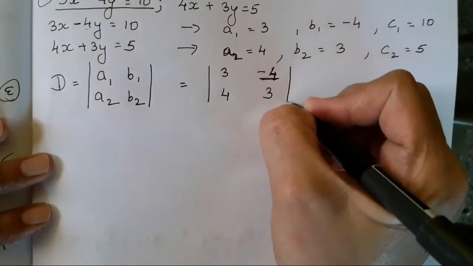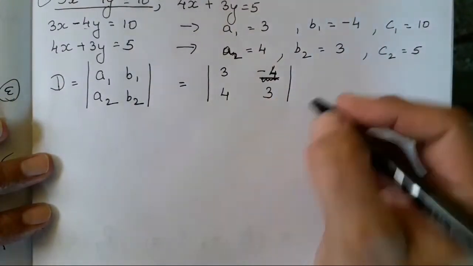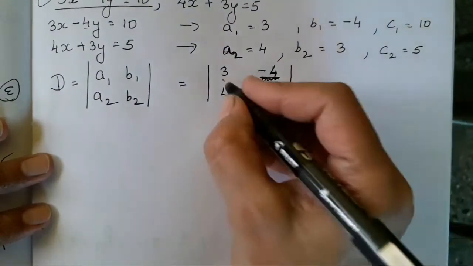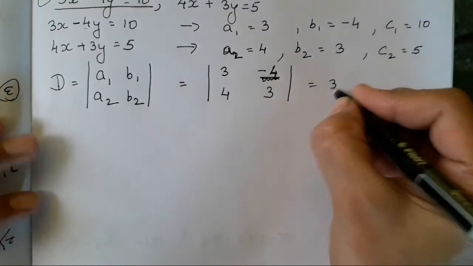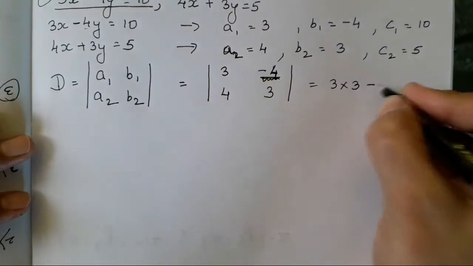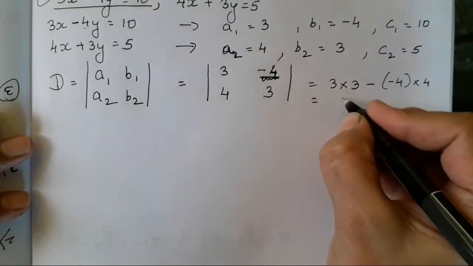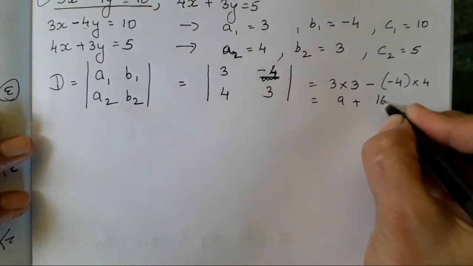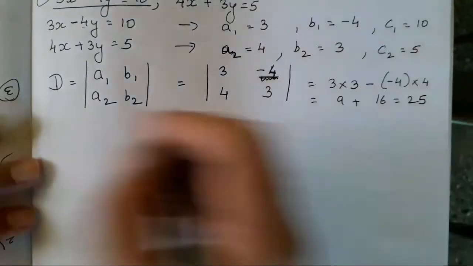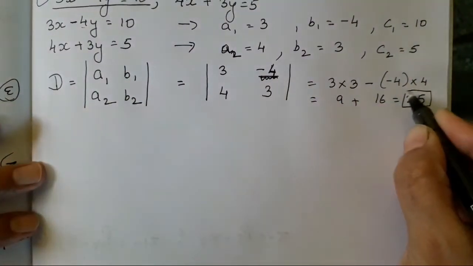Okay, this thing you all don't have to write it, by mistake I have done it. Now simple method, cross multiply it, that is 3 into 3 minus minus 4 into 4. The answer is going to be 9 plus 16 is equal to 25. So D you all have got 25, children.